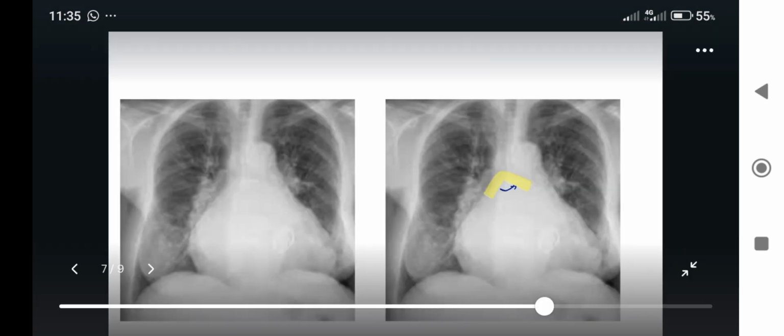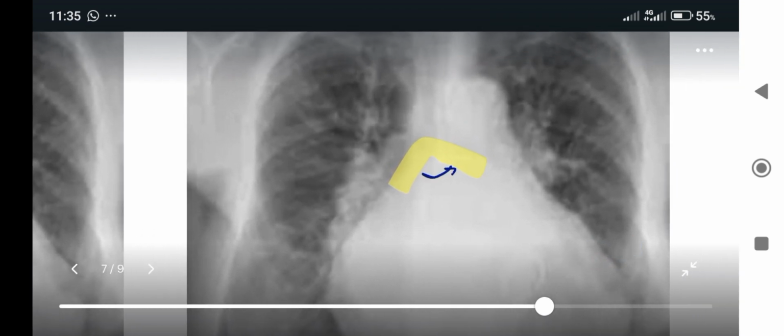This is the splaying of the carina. You see this illustration. In a normal X-ray, which I will look at in a moment to show some other things to help you understand what I have explained in this cardiac enlargement, you will see this splaying of the carina. You see this carina angle is increased.